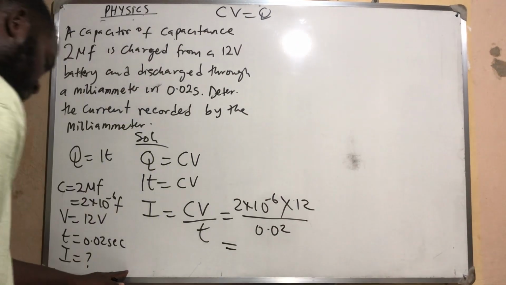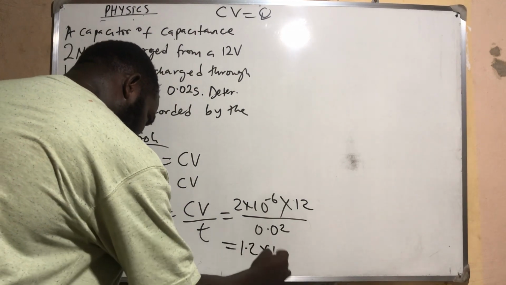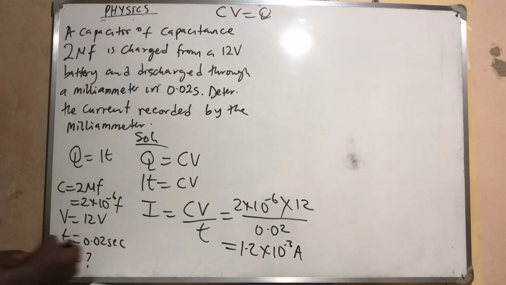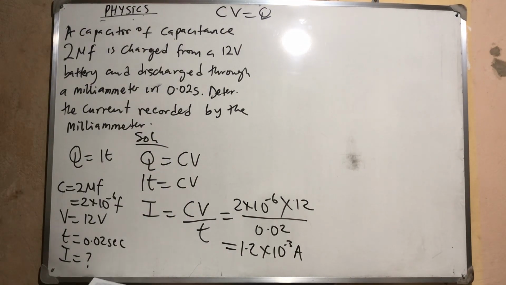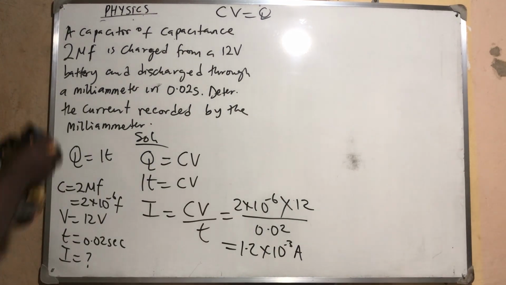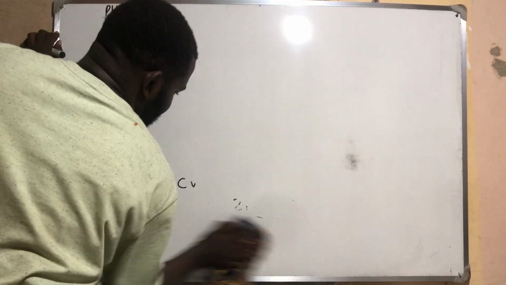If you do that mathematics, you'll have 1.2 times 10 raised to power minus 3 ampere. So that is your current. Don't forget that Q is equal to IT, and Q is equal to CV as well. We'll still solve more questions on capacitance of a capacitor.